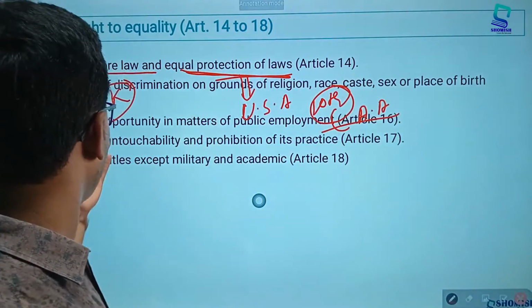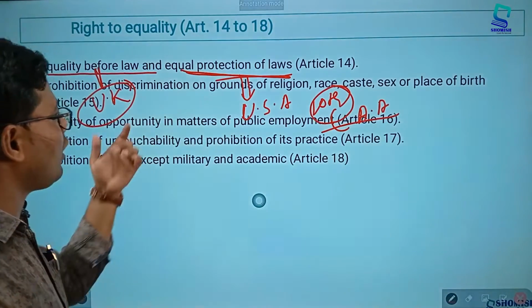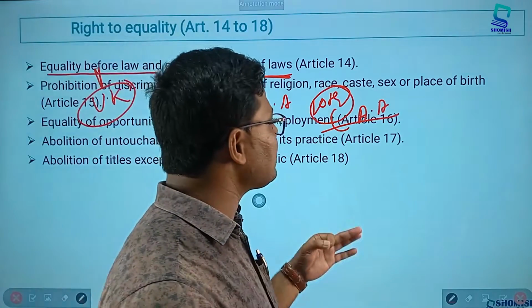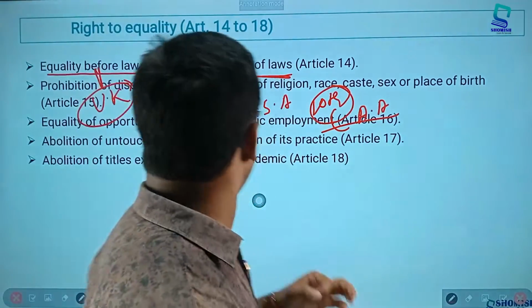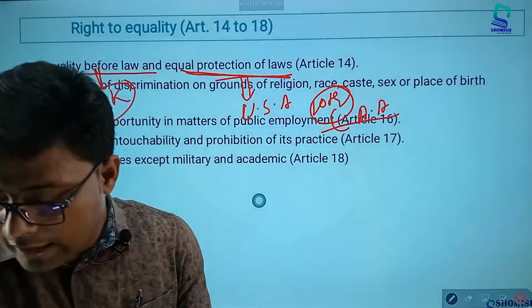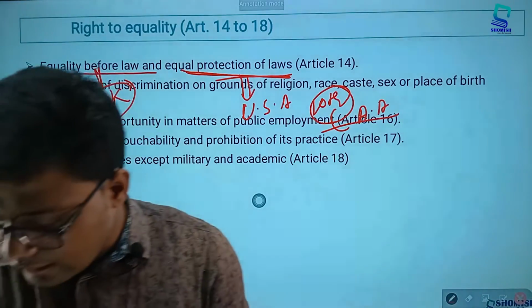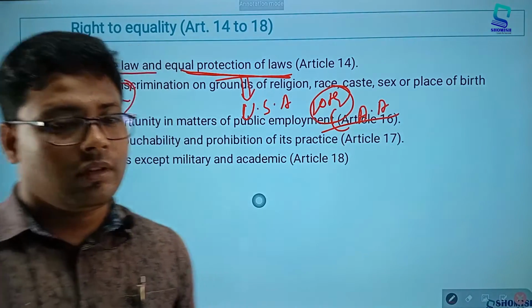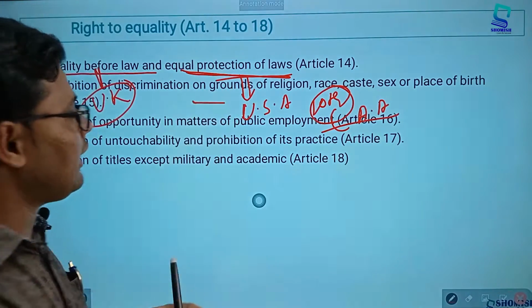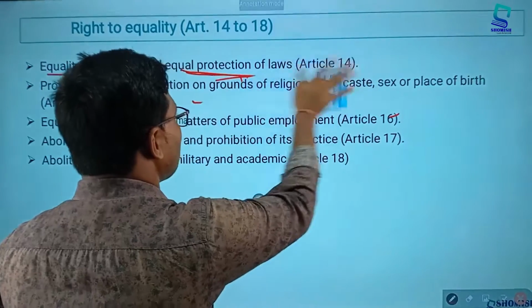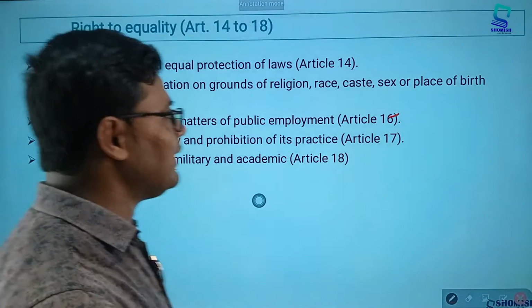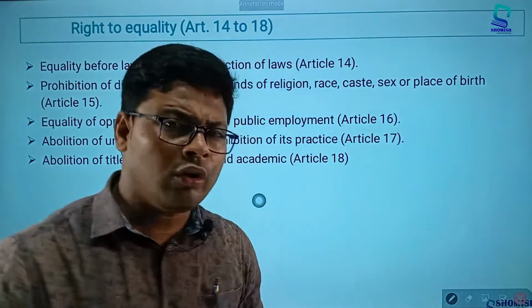The next, Article 15: prohibition of discrimination on grounds of religion, race, caste, sex, or place of birth. This part is very important because it is the role of the state. And already I have said state means India. State means, say, Tripura, no issue.